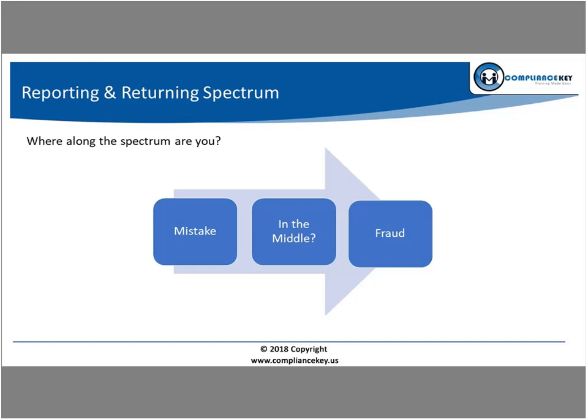For example, do you have a simple overpayment issue that would trigger the 60-day overpayment rule, which we're going to talk about in more detail today, or do you have something more indicative of potential fraud, or are you somewhere in the middle?